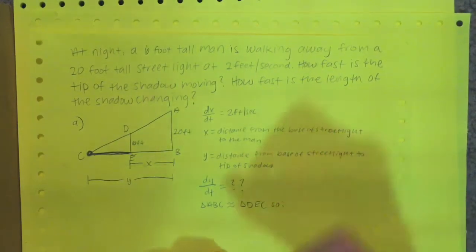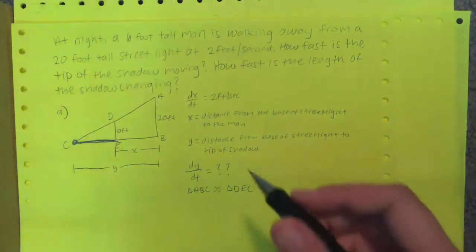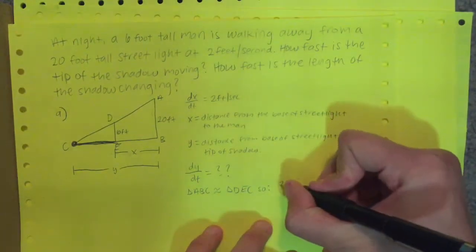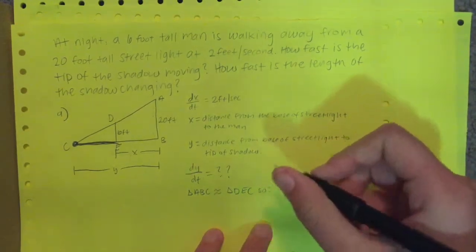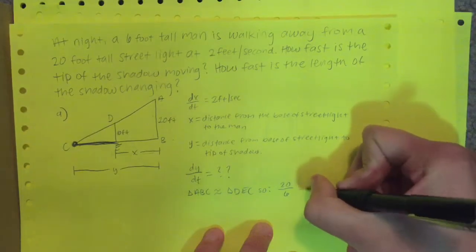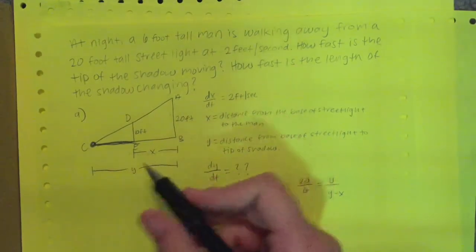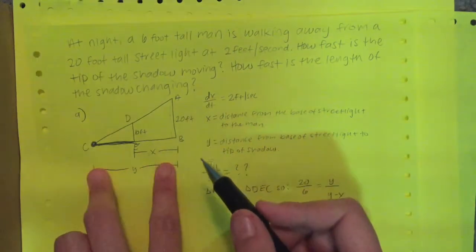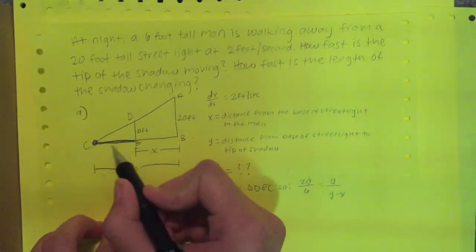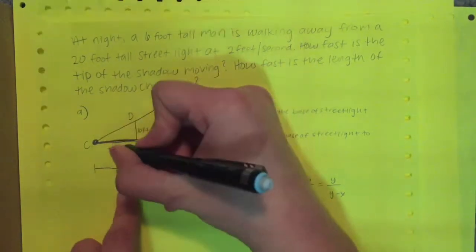So we can say that 20 over 6 is equal to y over y minus x, because the shadow is y minus x if this is y and this is x.